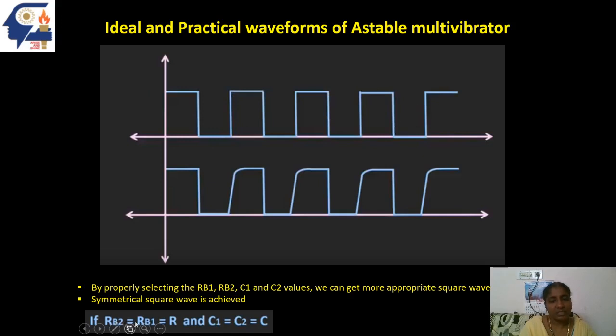If both resistors and capacitors are of equal values, then we will get a symmetrical square wave like this. If the resistors have different values and the capacitors have different values, then we will get an unsymmetrical square wave.